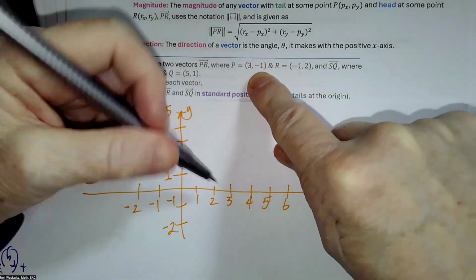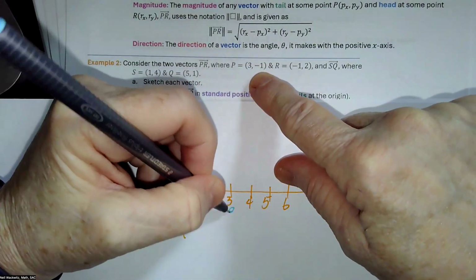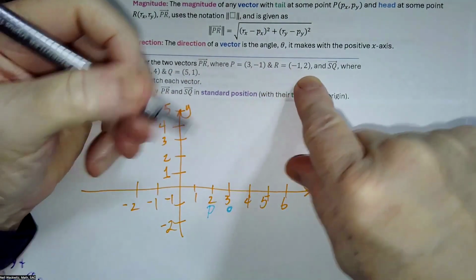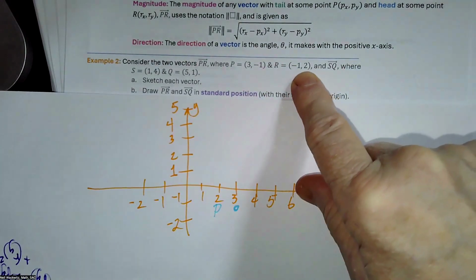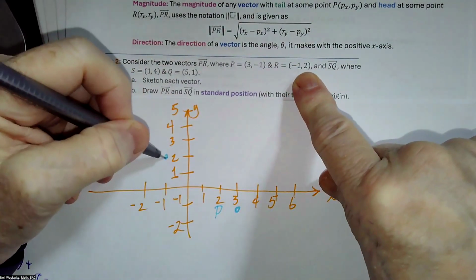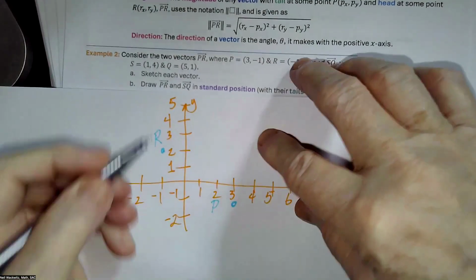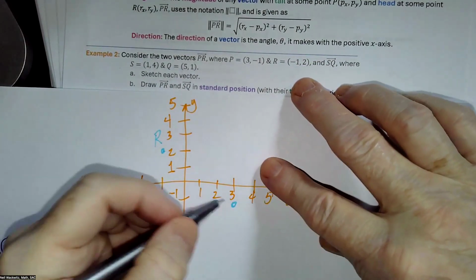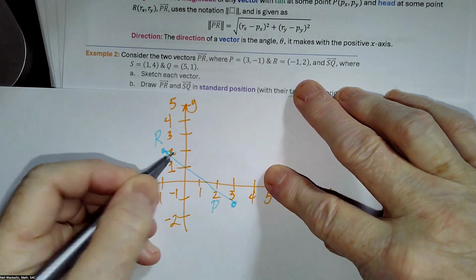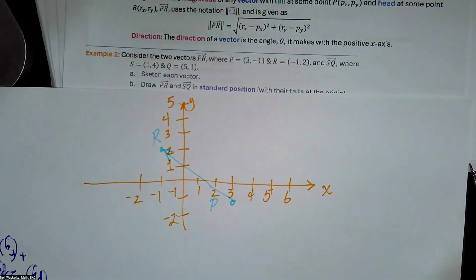So P is 3, -1. R is -1, 2. So PR is that vector.